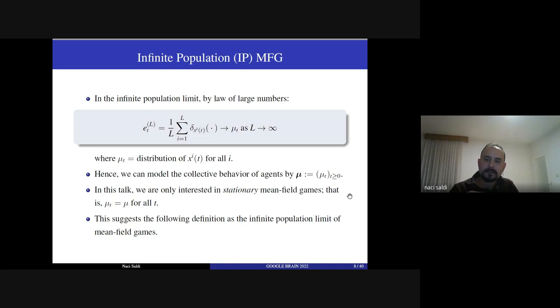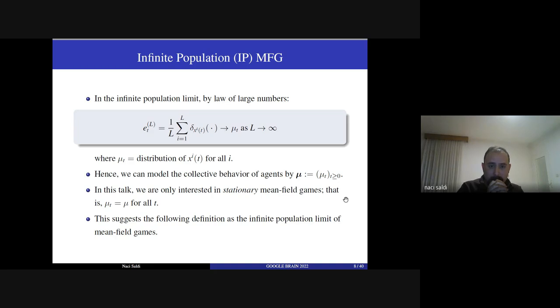So it should act optimally against this state measure flow and find the optimal policy. And when each agent applies this optimal policy in the infinite population limit, then the state distribution of each agent should be consistent with the state measure flow. So this is the main idea in mean field games.